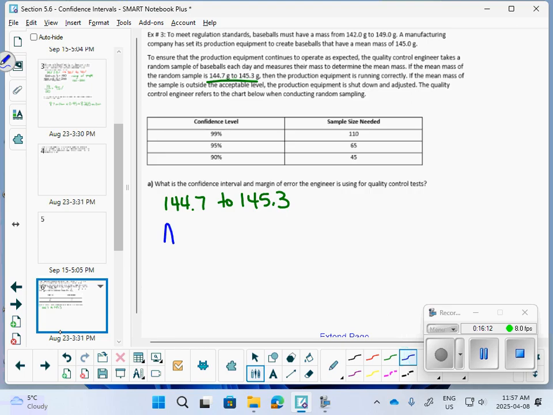We want to find the average, so we need to add. 144.7 plus 145.3 divided by 2. That's how we find the midpoint, just like when we had the question, what's the midpoint between 1 and 2? 1.5. If we minus, we would get our margin of error. What's the answer?